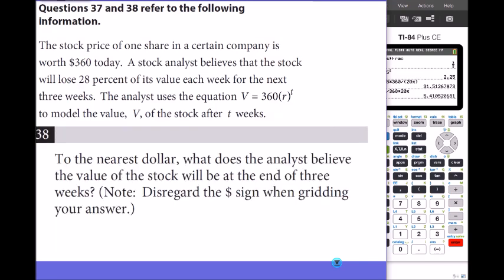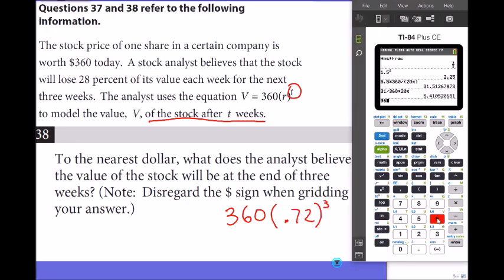To the nearest dollar, what does the analyst believe the value of the stock will be at the end of 3 weeks? So first you have to make sure t is in weeks. Yes, so you do. So we are using the same rate, 0.72, and 3.